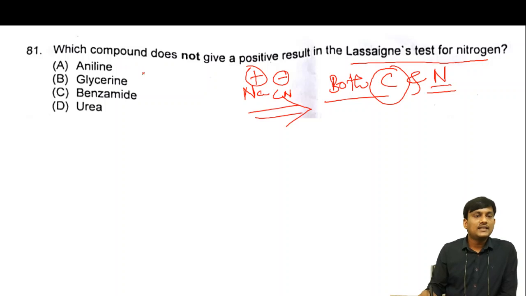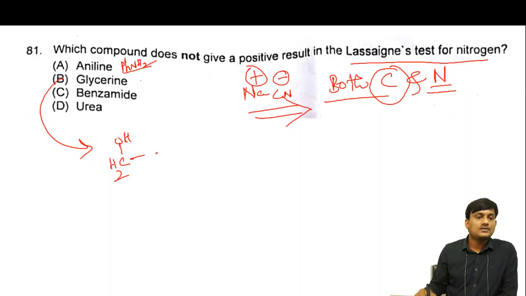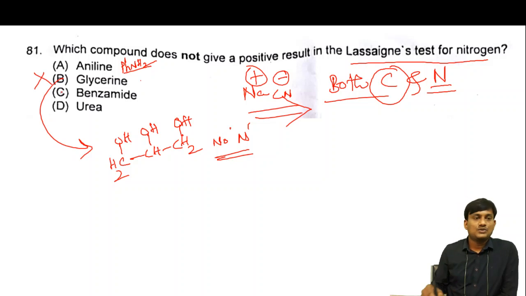So if you take aniline, it's PhNH2. In this case, you have carbon and nitrogen. Glycerine, if you take, there is no nitrogen. What is the formula of glycerine? CH2OH, it's a triol, CHOH and CH2OH. In this case, no nitrogen, so it cannot exhibit Lassaigne's test.